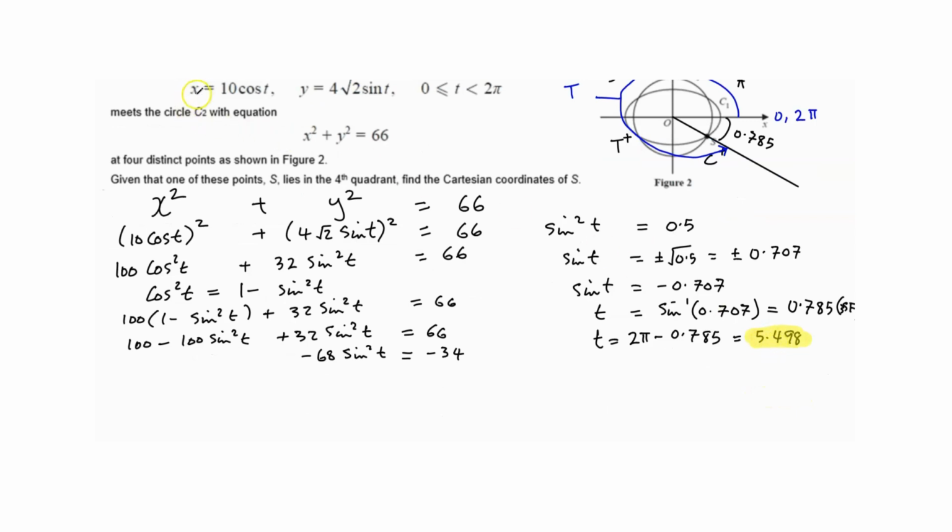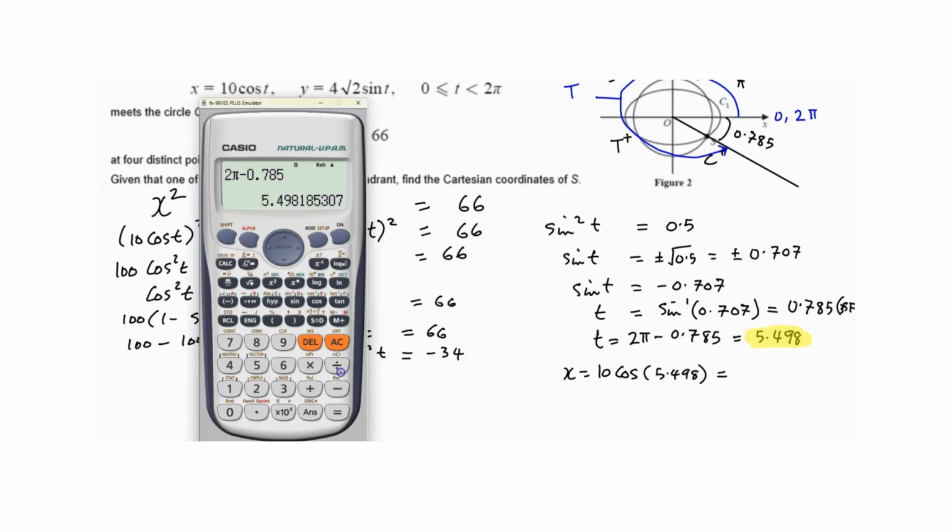So here we have x as 10 cos t. So we're going to have x equals 10 cosine of 5.498. We're going to use our calculator to work this value out, and then that would be the x value of S. So we have 10 cosine 5.498.